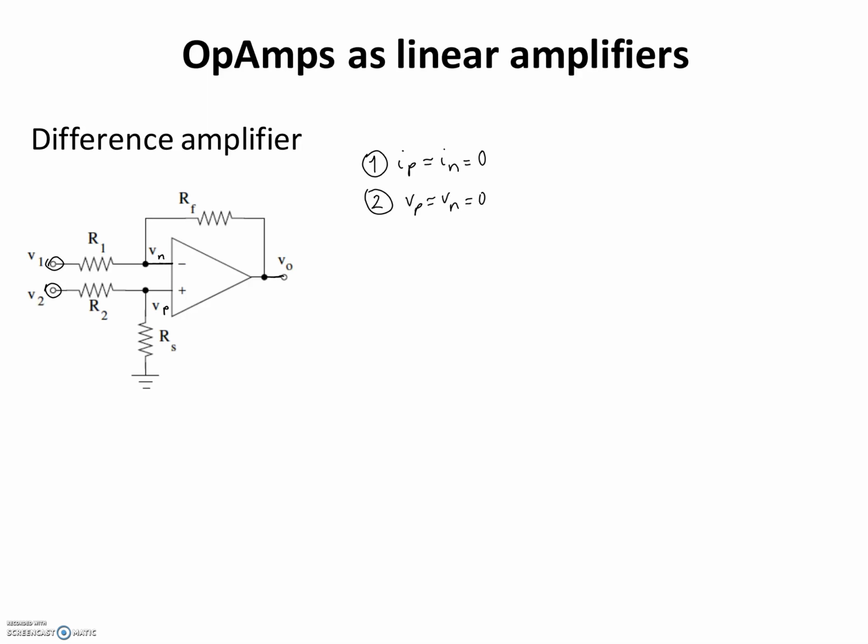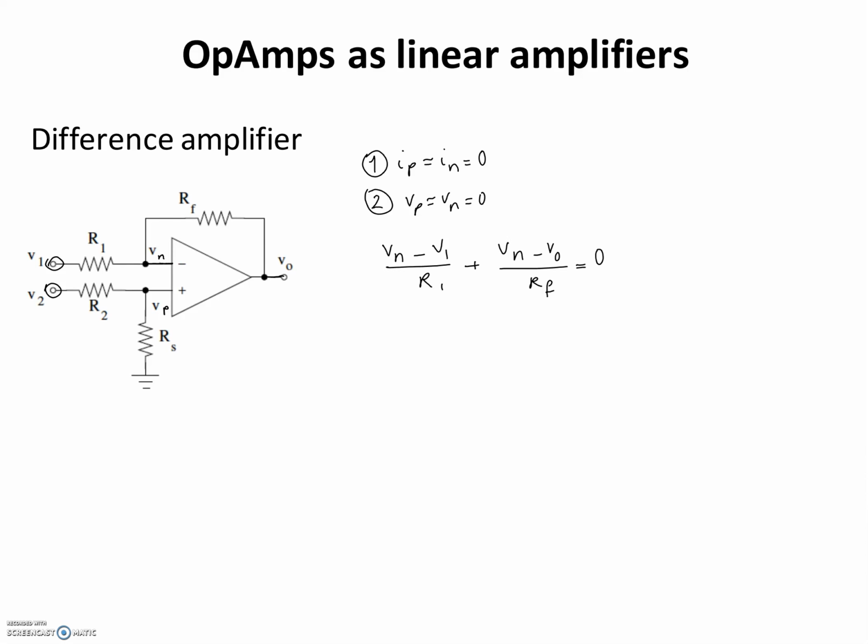So from there, at node Vn, I can write (Vn minus V1) divided by R1 plus (Vn minus Vout) divided by Rf is equal to 0.